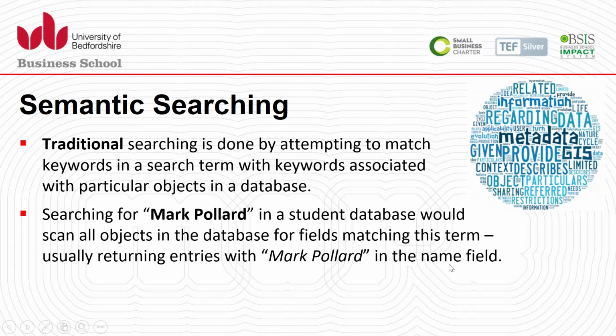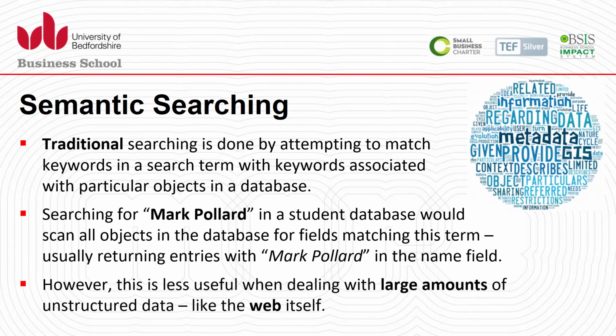Semantic search denotes search with meaning, as distinguished from lexical search, where the search engine looks for literal matches of the query words, or variants of them, without understanding the overall meaning of the query. This is less useful when dealing with a large amount of unstructured data like the web itself.